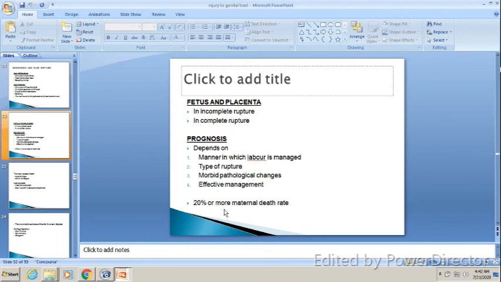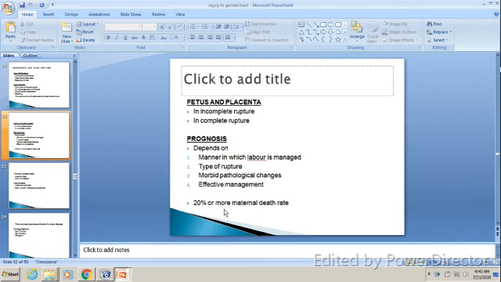Manner in which labor is managed: prognosis is better if we are monitoring the patient, for example in case of previous scar, when you are giving vaginal birth after cesarean, VBAC, and you are watching for the signs and symptoms of rupture. What are the signs and symptoms in case of previous scar? If there is a scar rupture, there will be fetal distress, a sudden dip in the fetal heart sound.